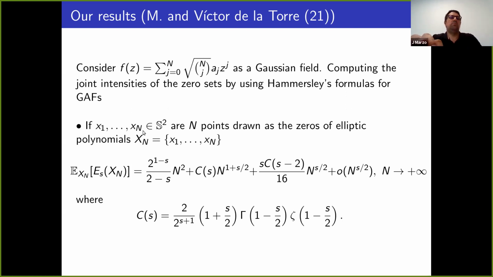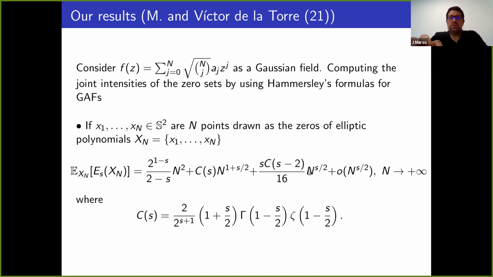If you consider now points on S2 which are zeros of these elliptic polynomials, so points drawn randomly from these elliptic polynomials, then the expected s-energy has an asymptotic expansion in terms of this familiar first term, and then some constant times this term, which has an explicit expression in terms of gamma and zeta functions.